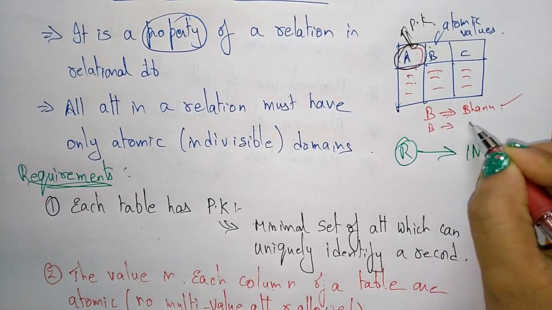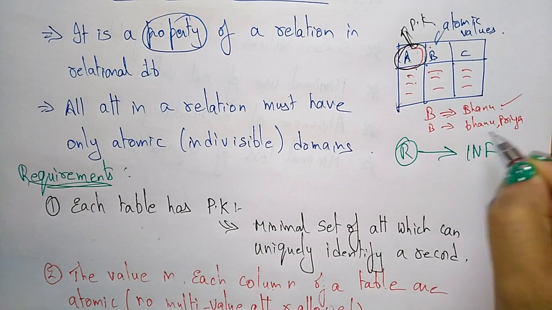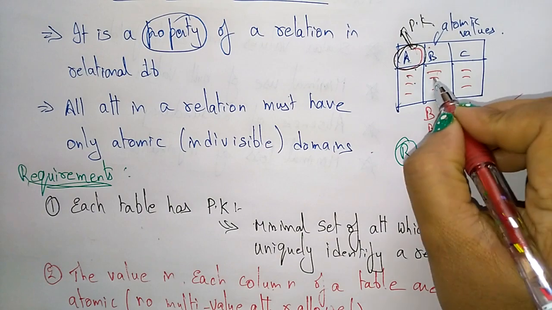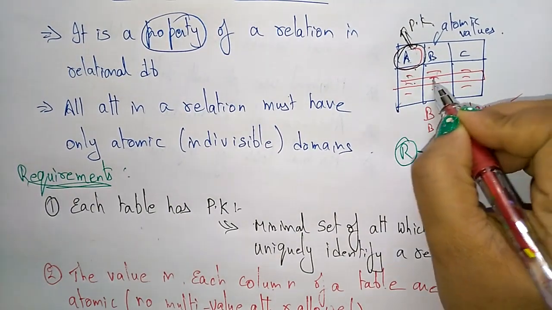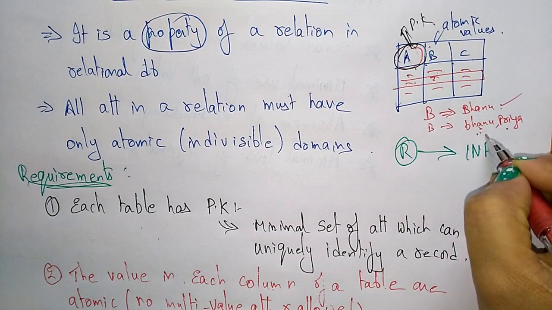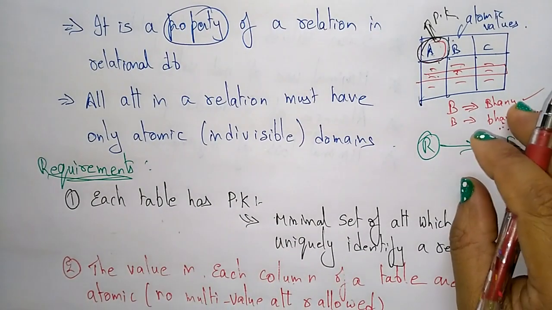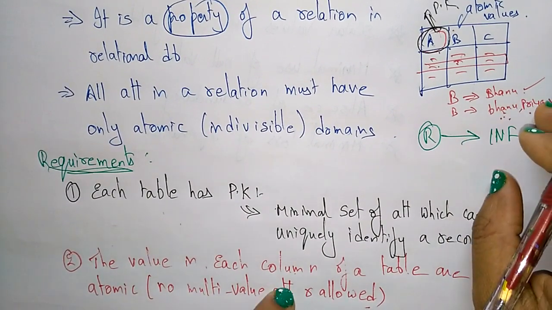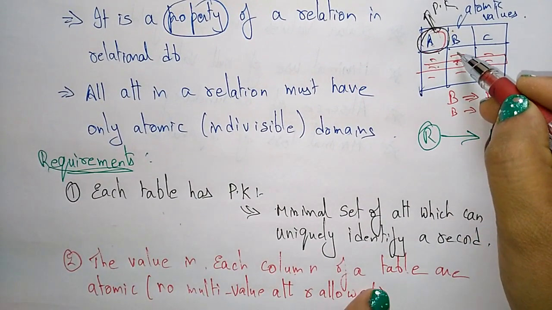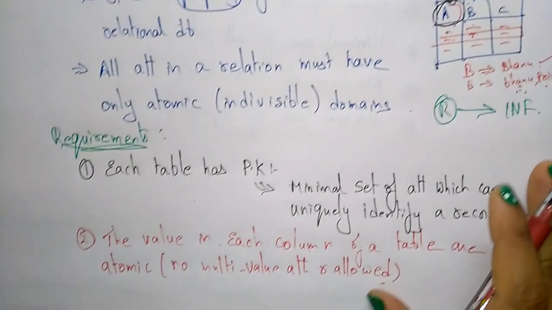But if B is like Bhanu, Priya, then one tuple of this B attribute is holding multiple values. If it is holding multi-value attributes, then this is not allowed. So that is the second requirement.